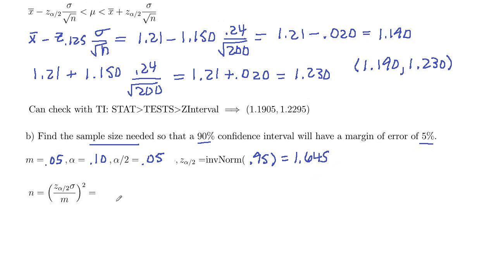Now we can plug into the sample size formula. So we've got that z alpha over 2, 1.645, times our sigma here, which is 0.24, and then we are dividing by m, our margin of error, 0.05, and then we square everything.